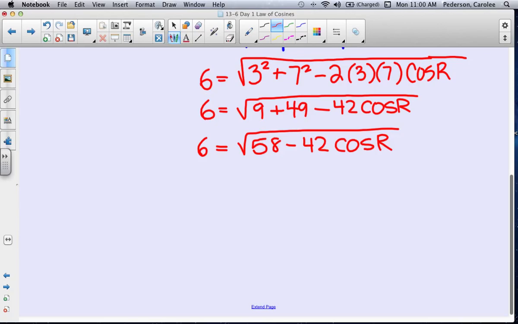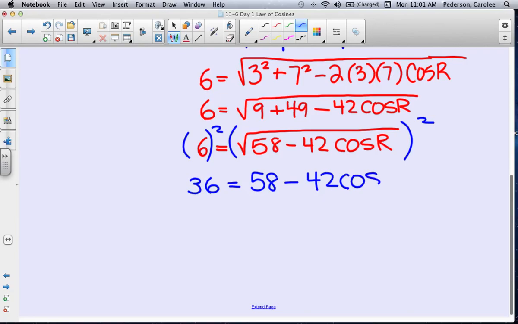Now, the next step is to try to focus on how I can get cosine of R by itself. So we're going to undo that square root. So we're going to square both sides. So what we're left with on the left then is 6 times 6, which is 36. And on the right, that square root and the squared cancel out. So we're just left with 58 minus 42 cosine of R. Now we'll continue by undoing that 58.